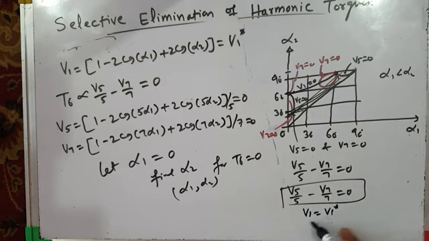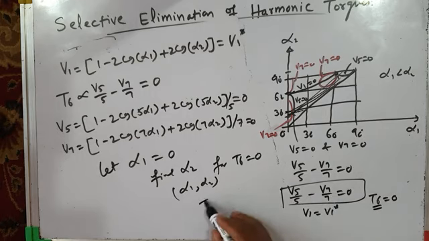So that will make V1 equal to V1 star and T6 equal to 0. So it will eliminate sixth harmonic torque. So therefore harmonics are eliminated in pairs to eliminate a particular harmonic torque. Like V5 and V7, this pair, the difference between them is made equal to 0 to eliminate a particular harmonic torque, T6. Make T6 equal to 0.